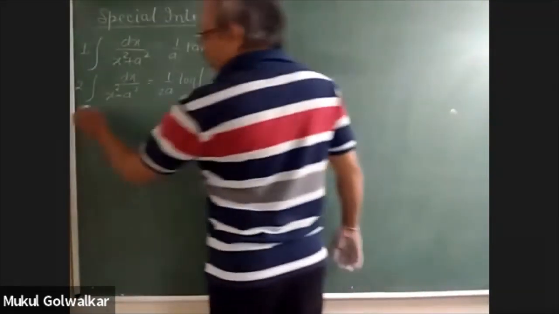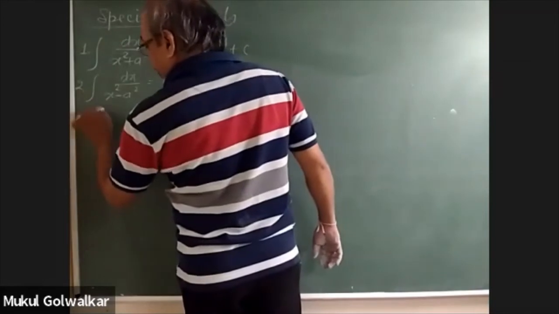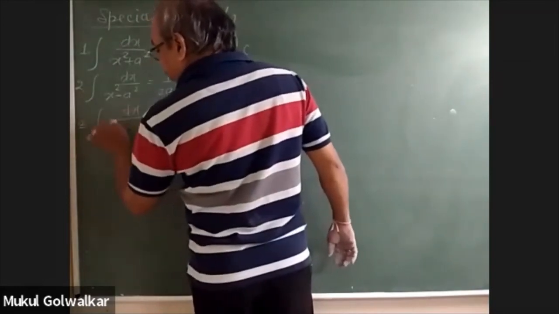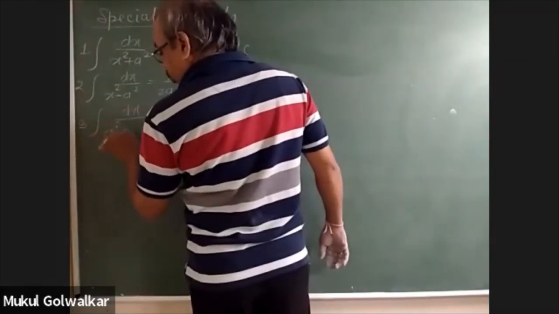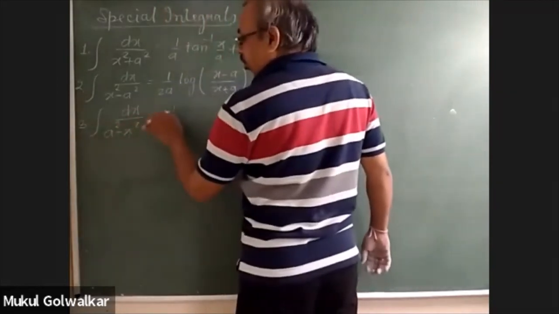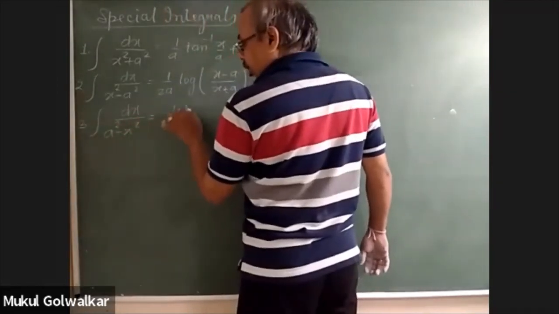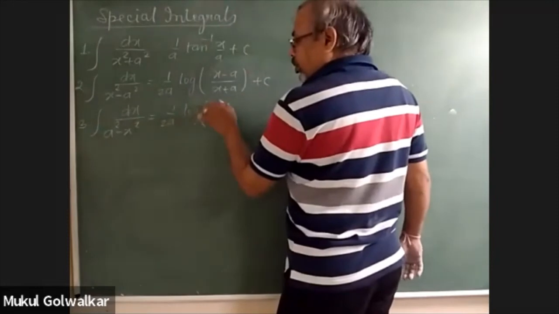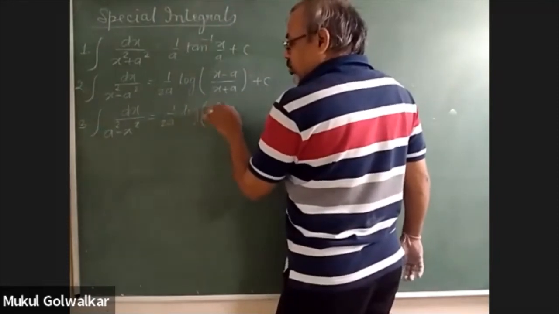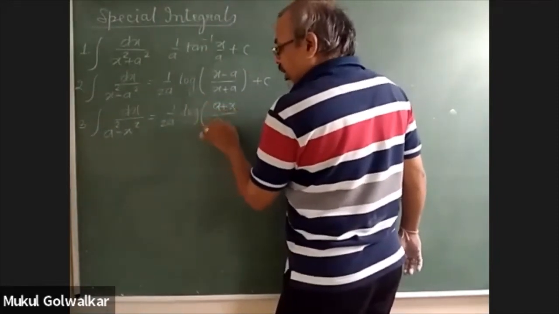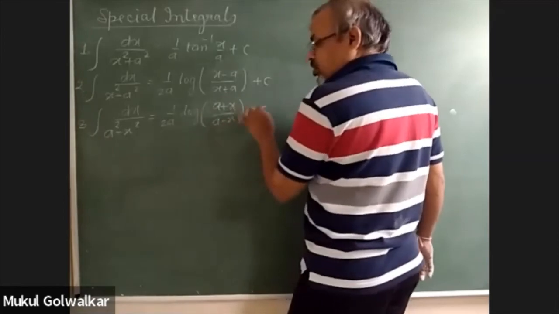The third formula is integration of dx upon a square minus x square is equal to 1 by 2a log of a plus x divided by a minus x plus c.